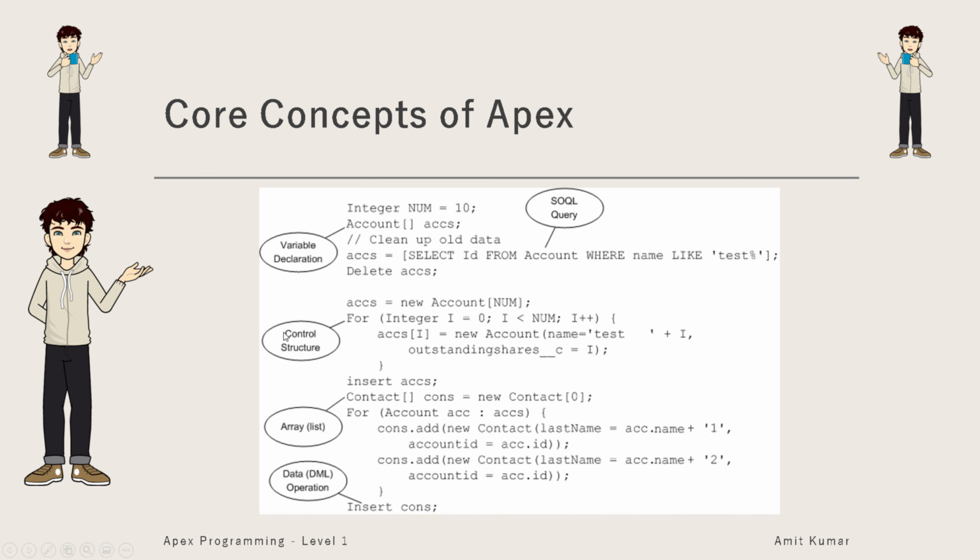We have used a control structure here, the loop control structure. As you can see, for is being used here. We have used collections again: one collection here which is a collection of accounts, and one collection here which is a collection of contacts. We have also used the DML operation insert statement here. So generally the Apex language consists of these five types of elements.